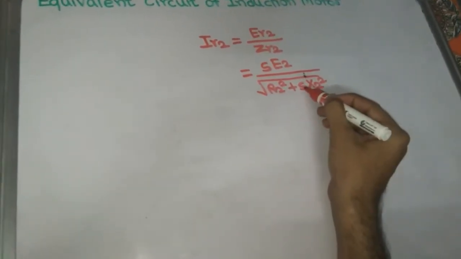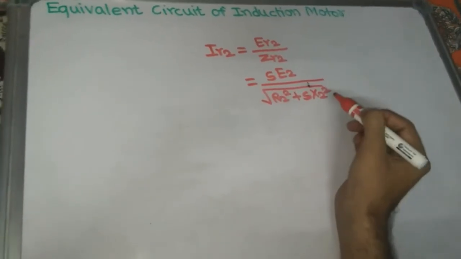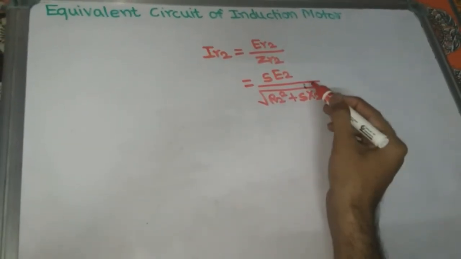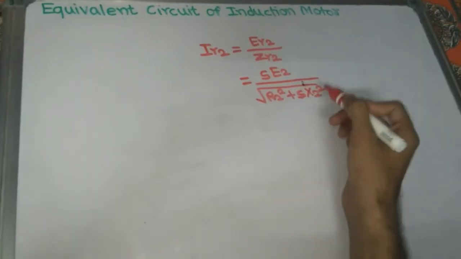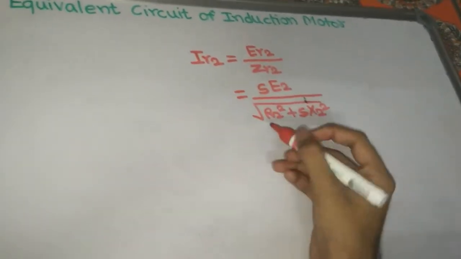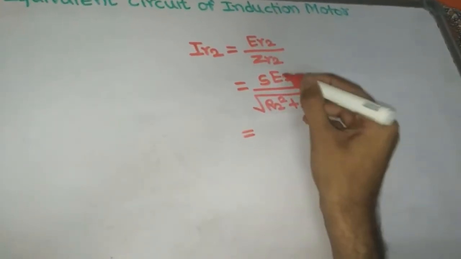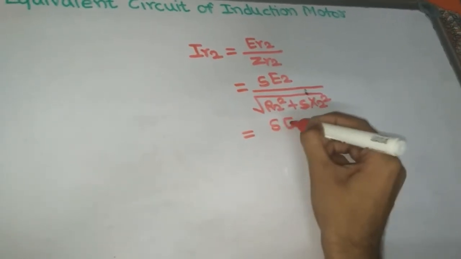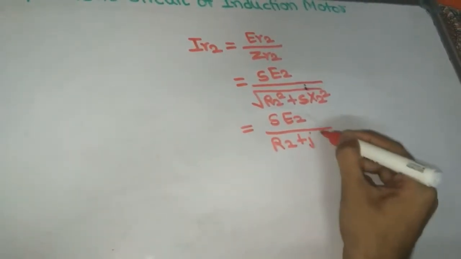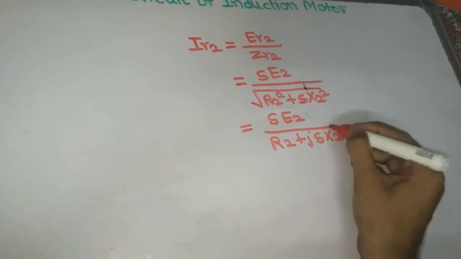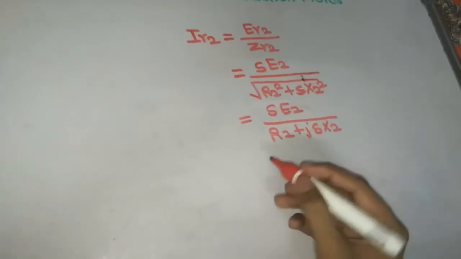Since it is multiplied by slip S, S into X2 means XR2, the reactance in running condition. We can also write this equation as S E2 divided by R2 plus j S X2. Both equations are similar.